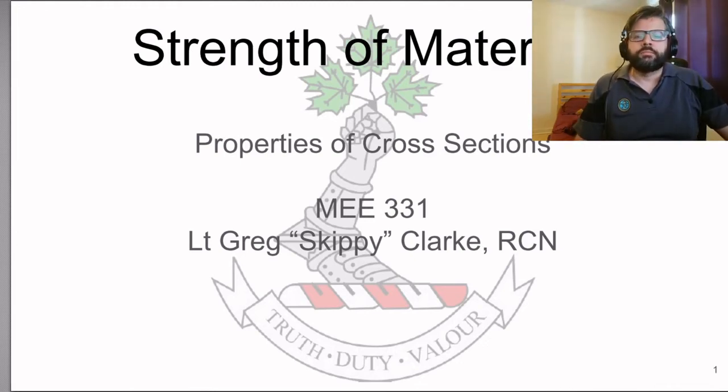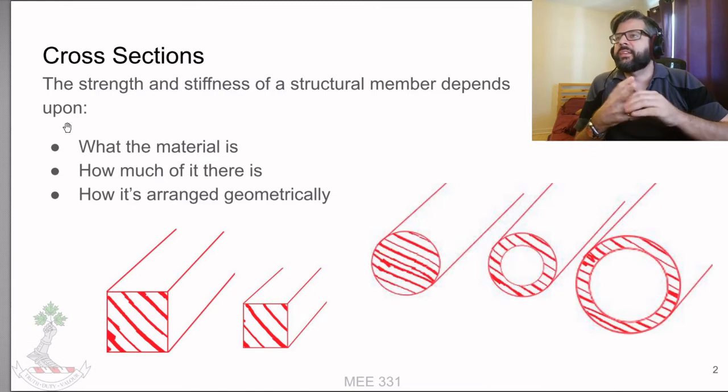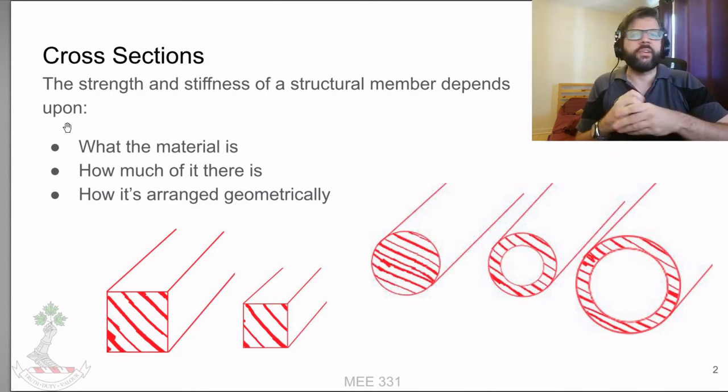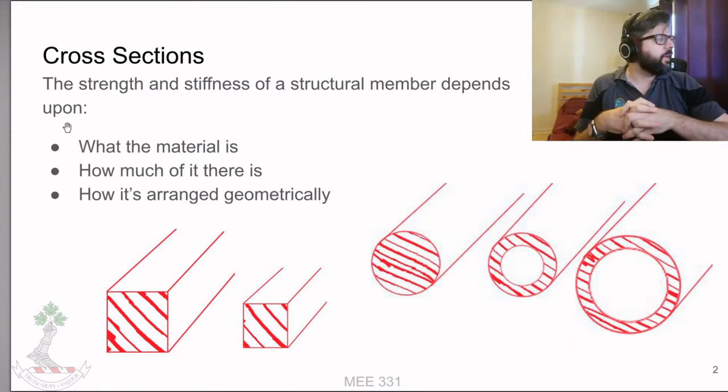Alright, so today we'll be going over properties of cross sections. So, why is it important? The stiffness and strength of a structural member depends upon a few things: what the material is, obviously, how much of it there is, how big it is, but also how it's arranged geometrically.